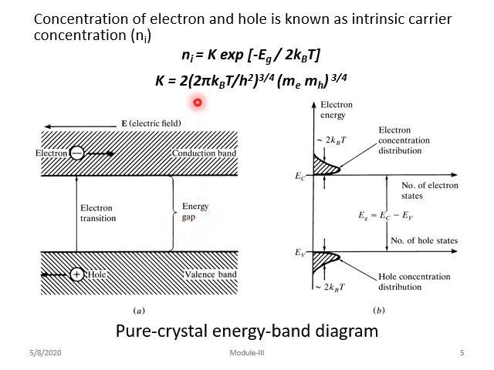K is a constant defined as 2 times (2π kB T/h²) to the power 3/2, times (me mh) to the power 3/4, where h is the Planck's constant, me is the mass of the electron, and mh is the mass of the hole.